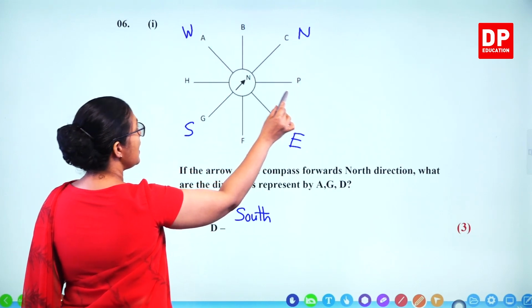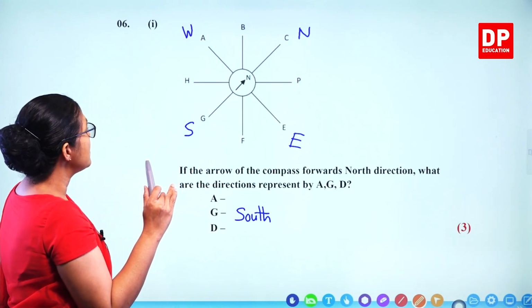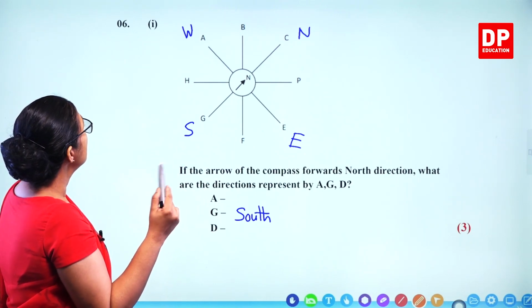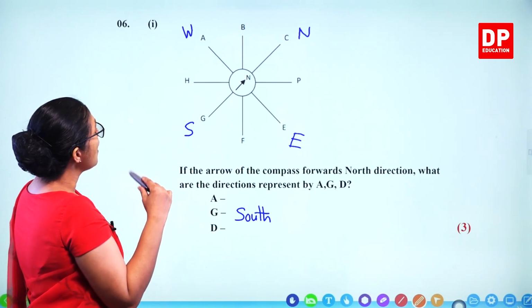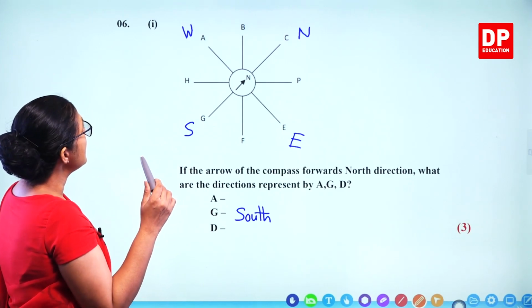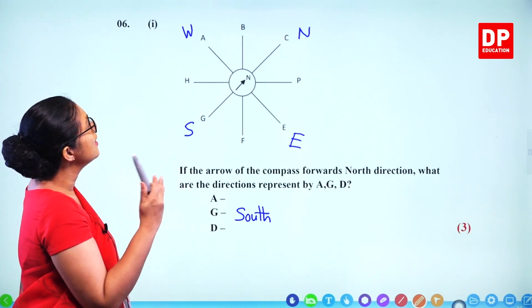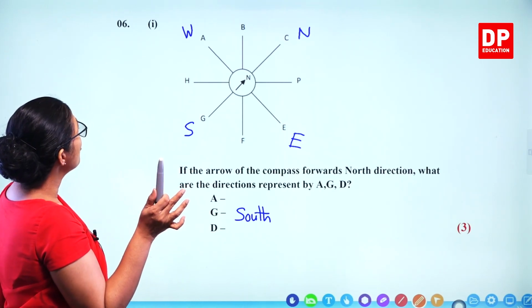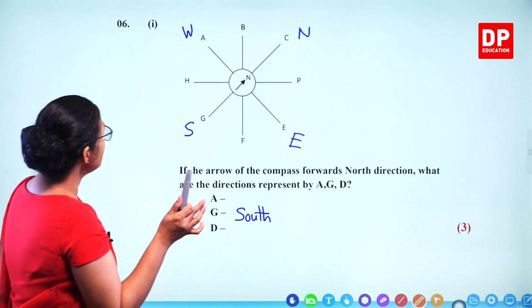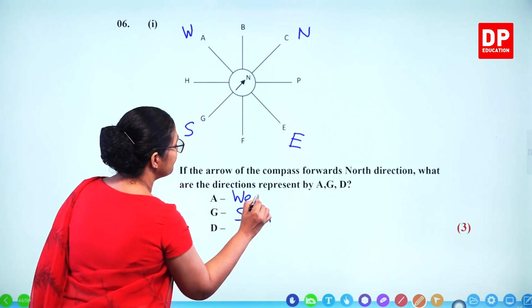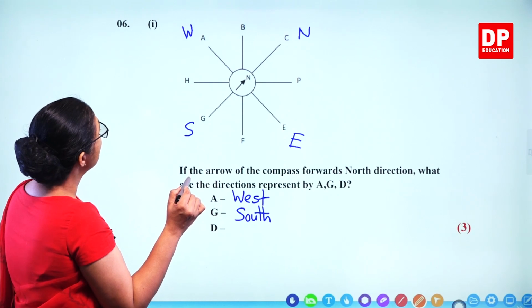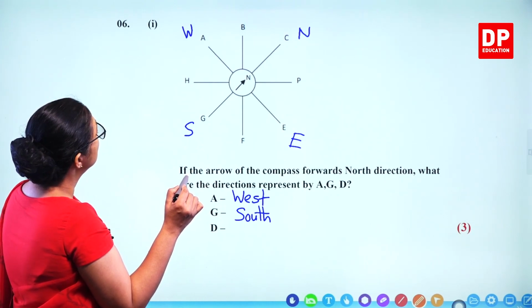So what is P? Northeast. F is southeast. H is southwest. And B is in between west and north, northwest. But you want to identify A. A is west. D is, where's D?